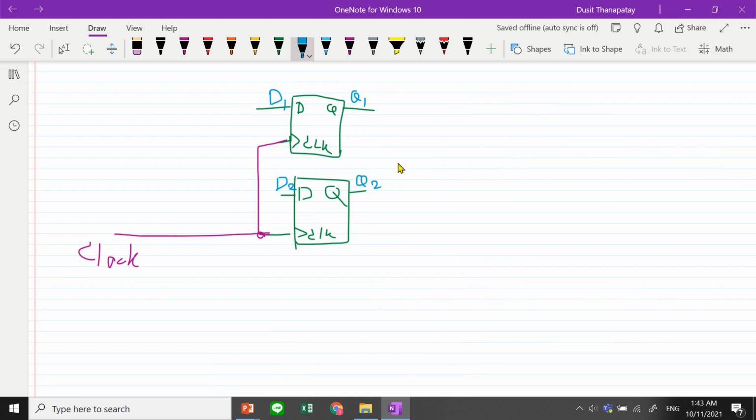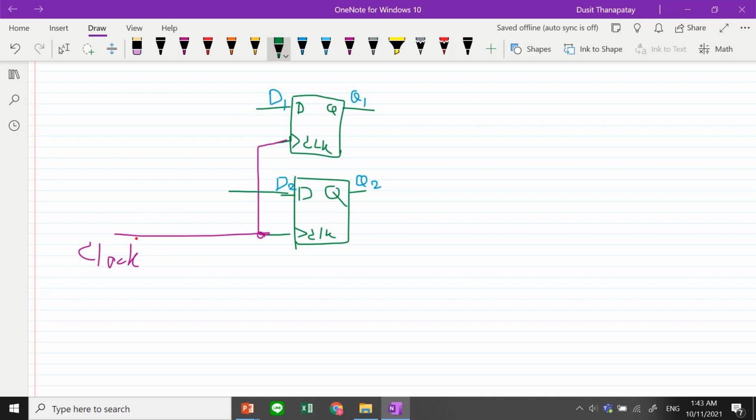Okay, now let's get back to the example for the structure. Now we know that the value of the flip-flop, or the value of Q1, Q2 in this case, depends on the value of D1, D2 at the timing of the clock tick, right?